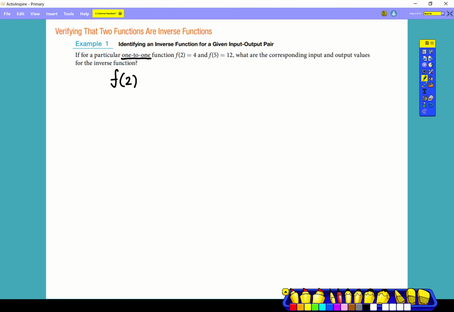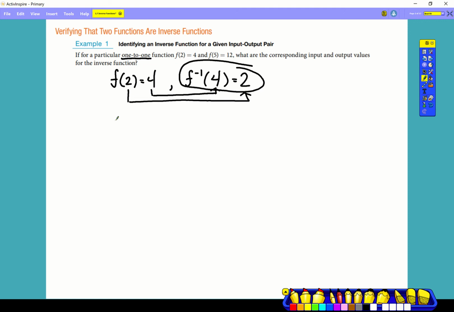Well, if f of 2 equals 4, then the inputs of that function are the outputs of our inverse, and the outputs of our original function are the inputs of our inverse. So f inverse of 4 equals 2, and for f of 5 equals 12, then f inverse of 12 equals 5.